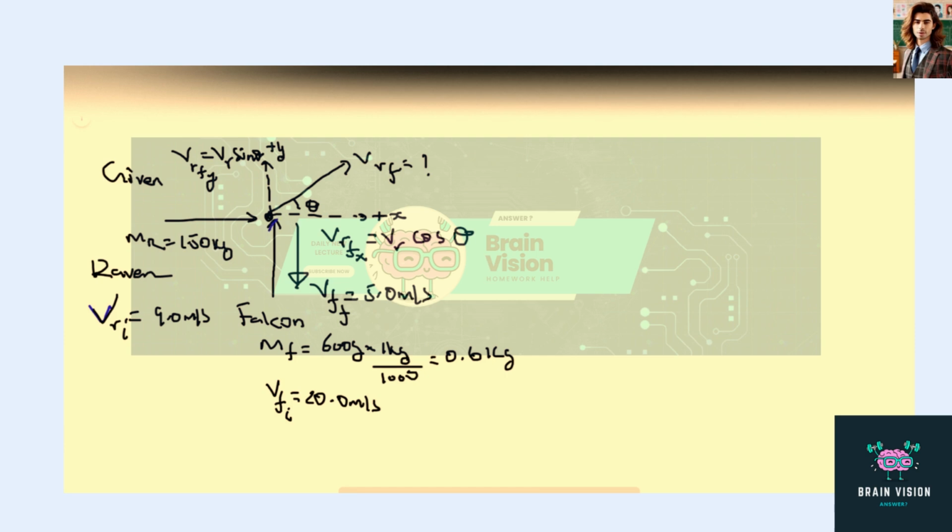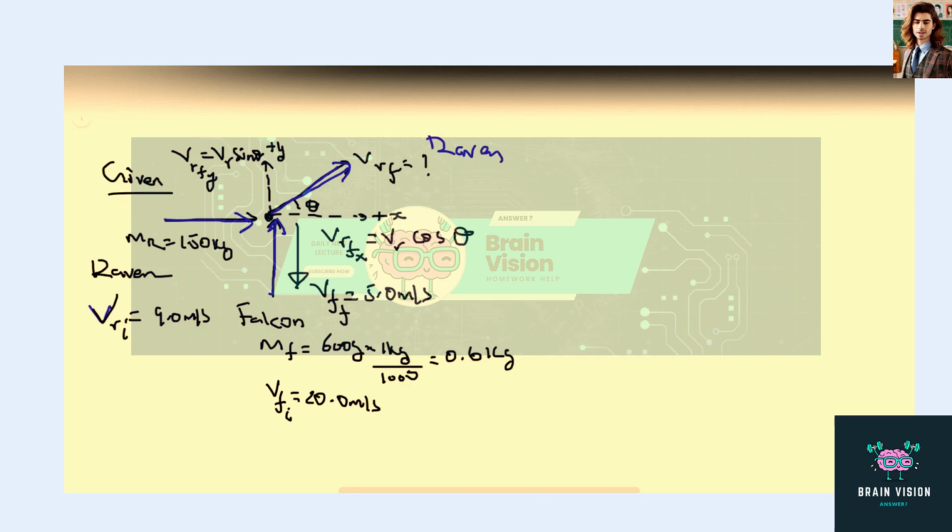So these are the paths of motion. This is the information we're given. We have a raven and the falcon flying towards each other. They collide, and the raven has to fly off at a specific angle, which we call theta.